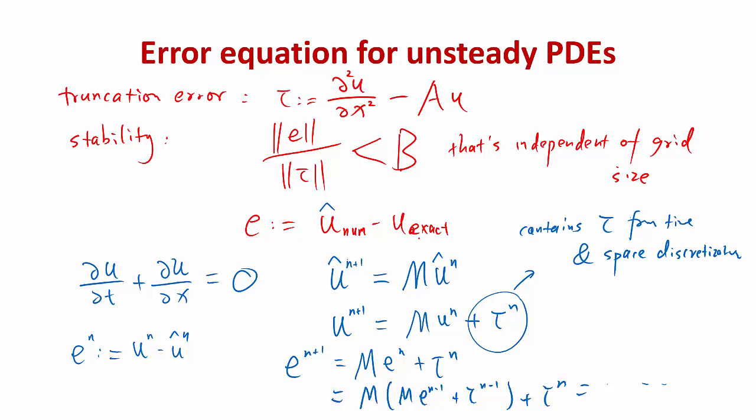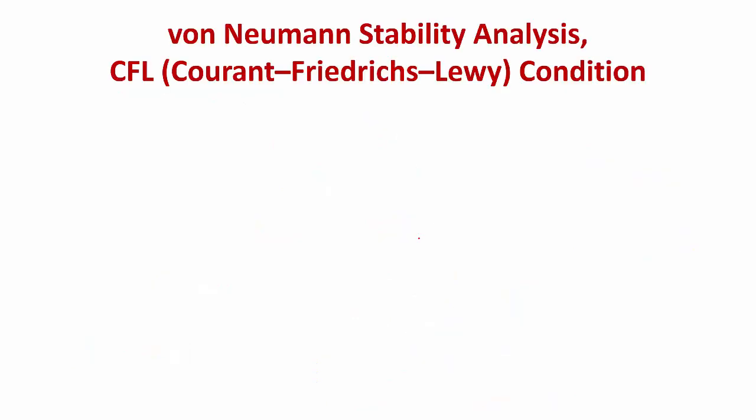A lot of stability problems can be caused by boundary conditions, as you may have learned in Project 1. But in this lecture, we are using the Neumann stability analysis, which only analyzes the stability of the discretization in the interior.